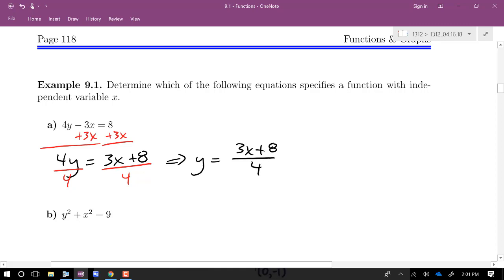Now our question is, is this a function? Is there any ambiguity? If I know what my input is and I triple it, there's only one possible output. If I add 8, there's still only one possible output. Dividing by 4, there's still only one possible output. This does define y as a function of x.